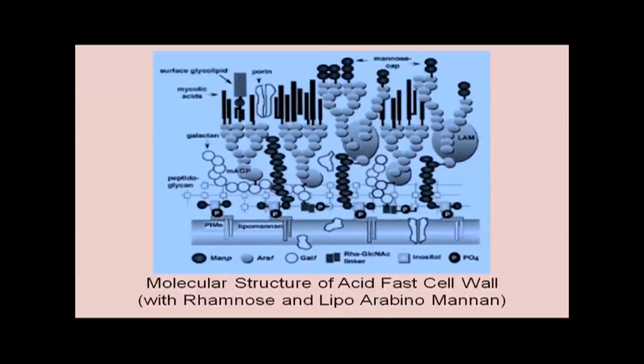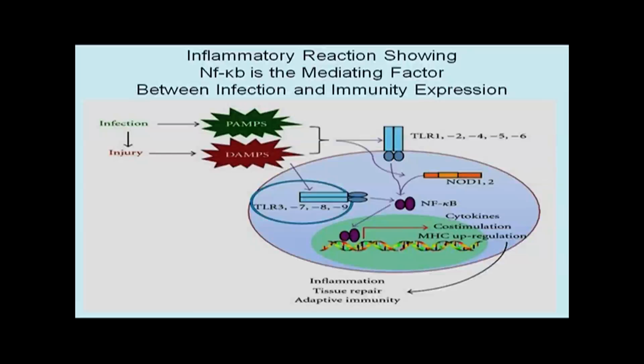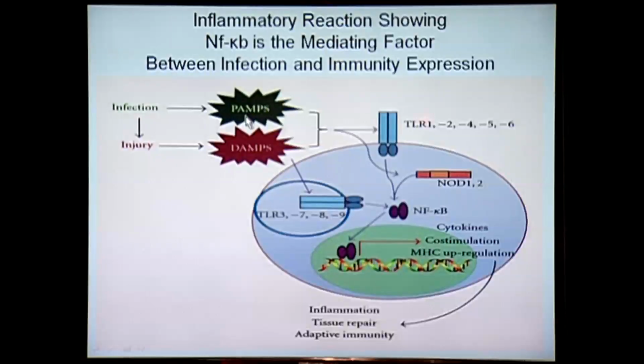And at the same time, it can also have outer molecules of adhesins, which will help in the attachment to the bacteria or to other host cell surface. And most importantly, it is actually inducing some inflammatory response. It is highly pathogenic. It is inducing some specific pathogen associated molecular pattern in the host cell.